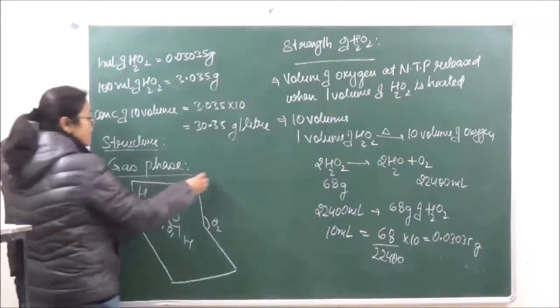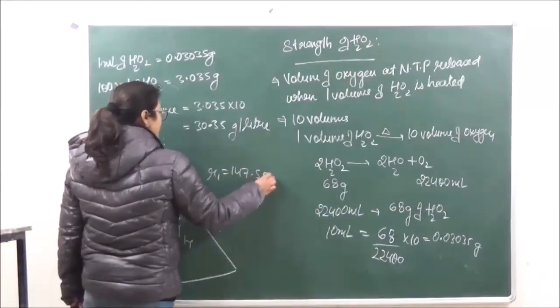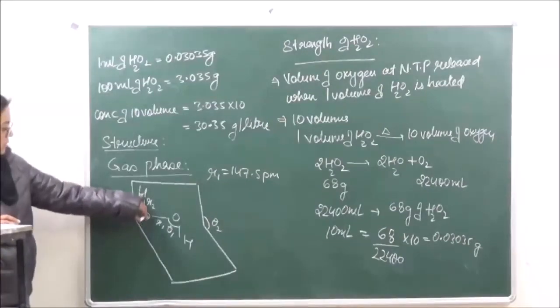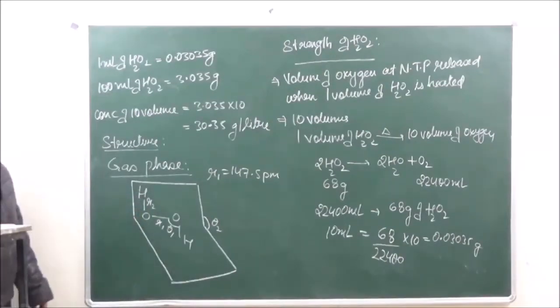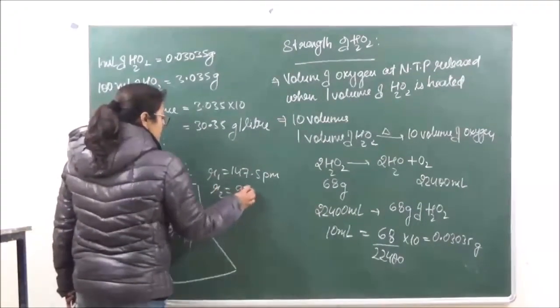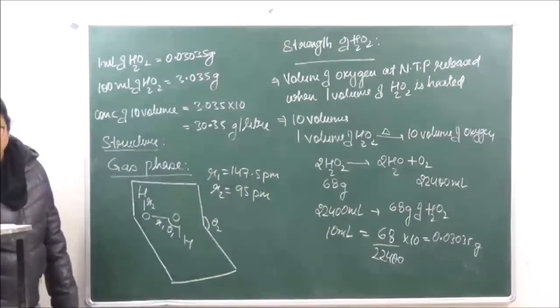In this case, the value of R1 is 147.5 picometers. Okay, so this distance over here is going to be 147.5 picometers. R2 is 95 picometers. The structure of H2O2 is also very, very important.